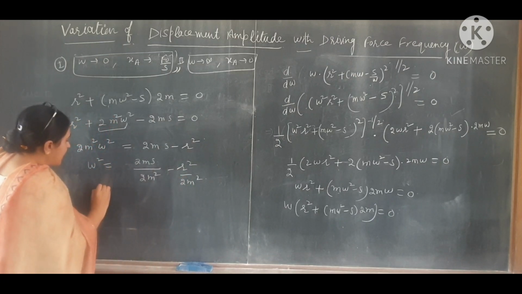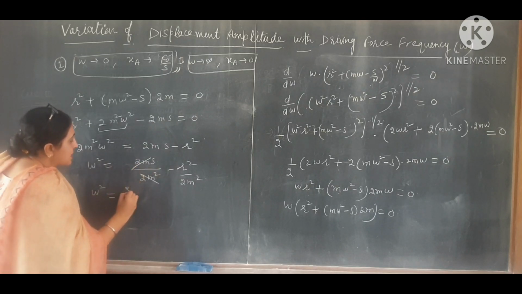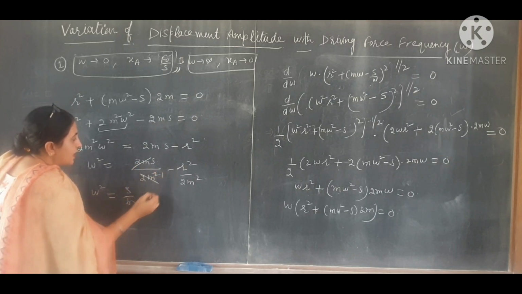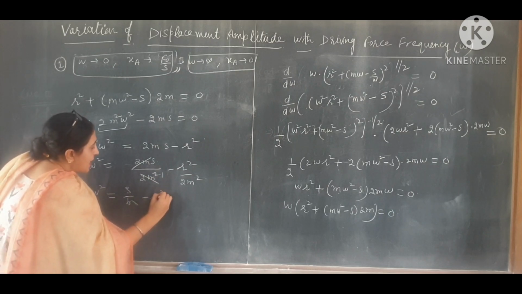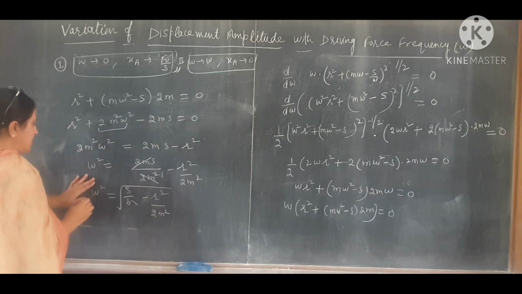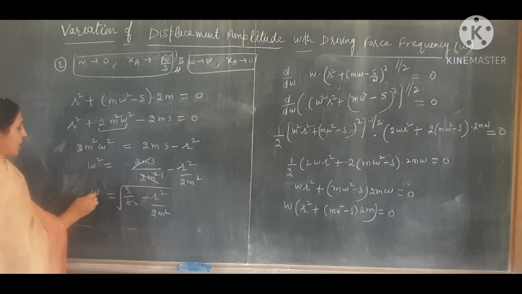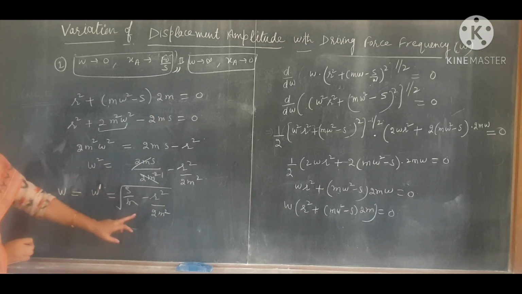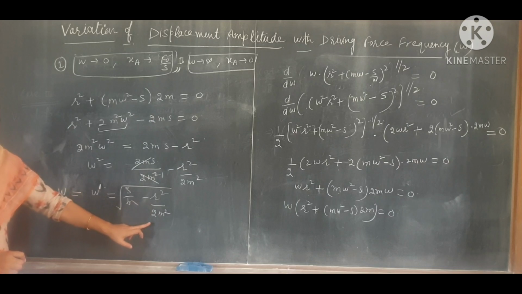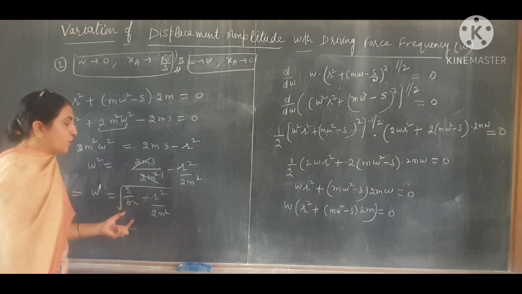So omega square is equal to s over m minus r square over 2 m square. So omega, or you can say omega dash, is equal to the square root of s over m minus r square over 2 m square.